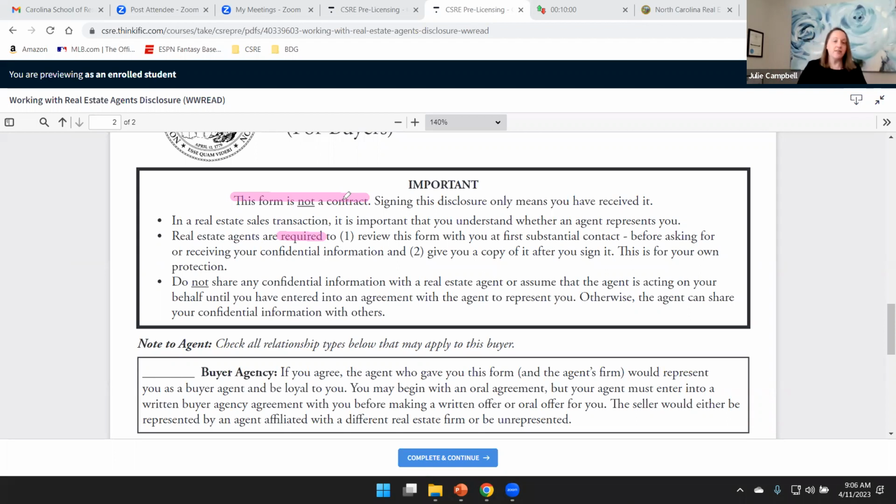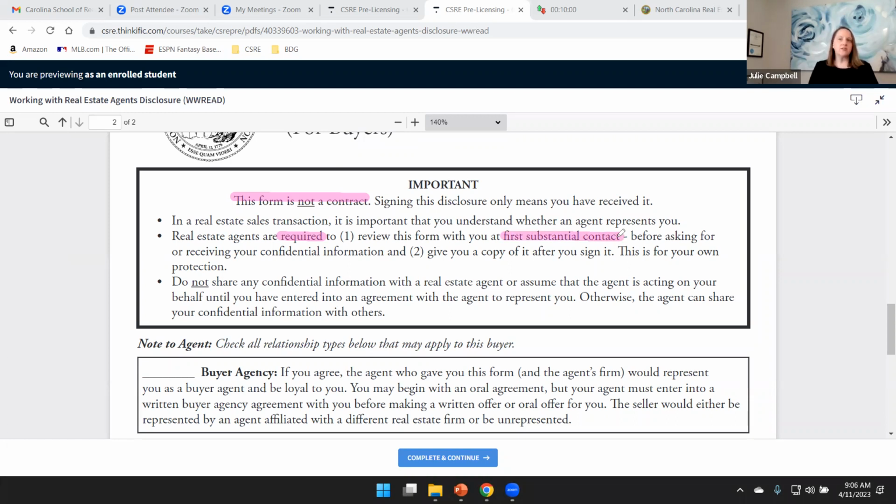So I say all that, and there's still scenarios that we haven't even, I mean, we can't possibly come up with all the scenarios. But what we need to understand about this first substantial contact is this is the period of time that the conversation switches gears from the property to the people.